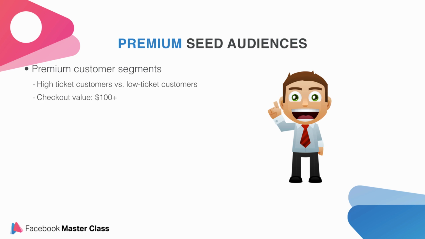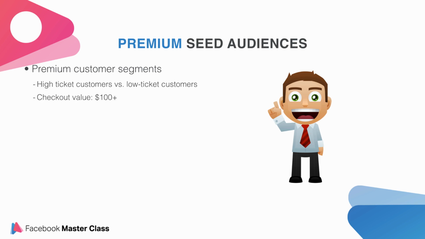So sure, you can turn all of your ebook buyers into a lookalike audience. But if you'd like to sell the high ticket item only all day long, then it makes more sense to create a lookalike audience based on the high ticket customers only and not all your buyers.